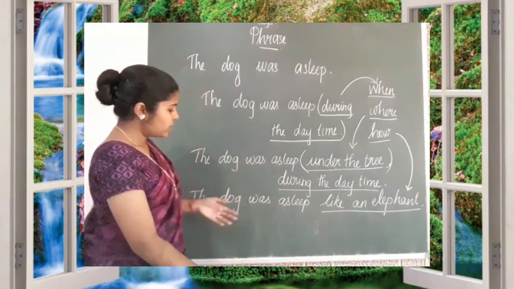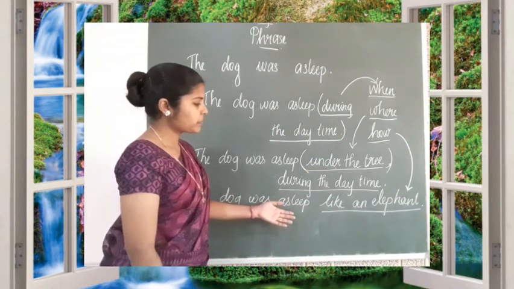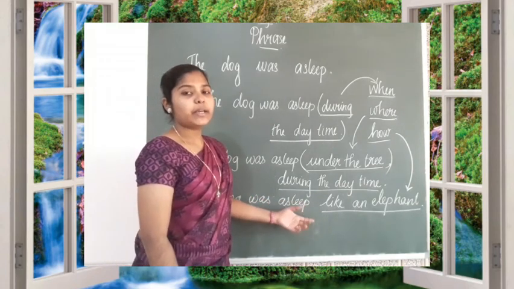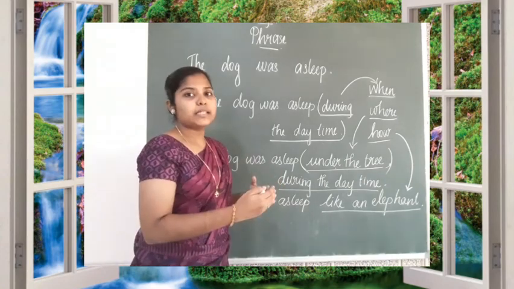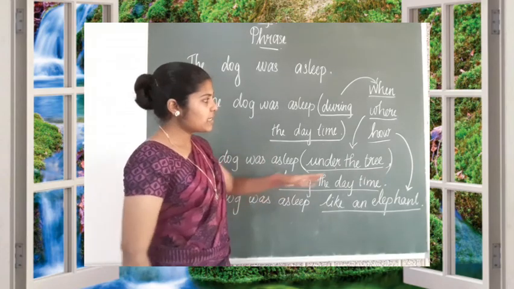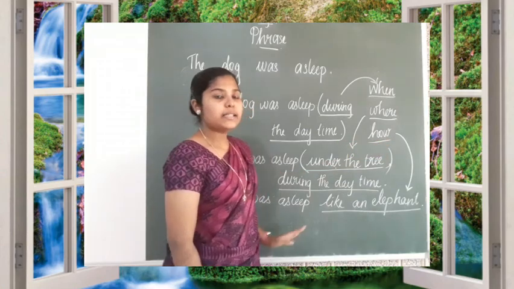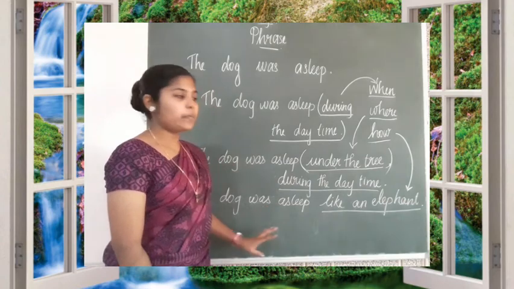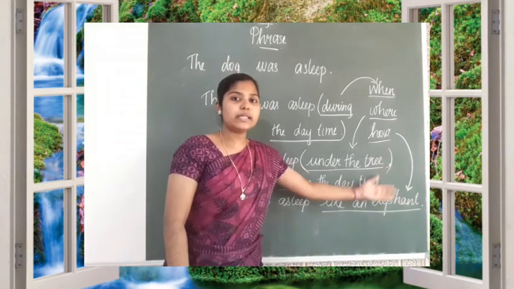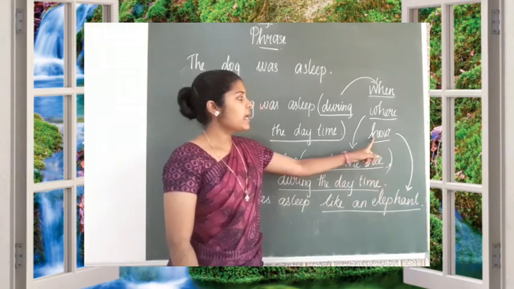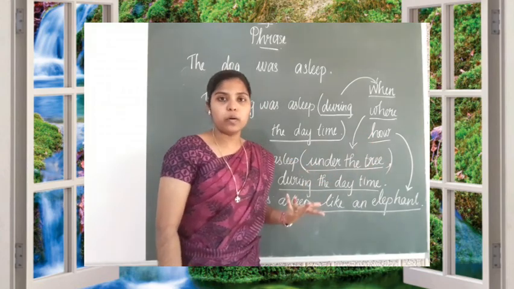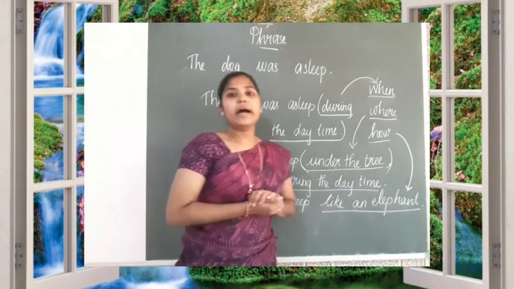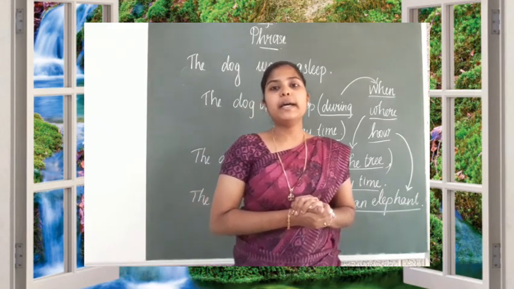Or we can write the dog was asleep gently. Gently is an adverb, right? We can use some other phrase which answers the question how, such as like an elephant. How is it sleeping? It is sleeping like an elephant. It answers the question how. Is that clear? So this is all about adverbial phrases of time and manner.